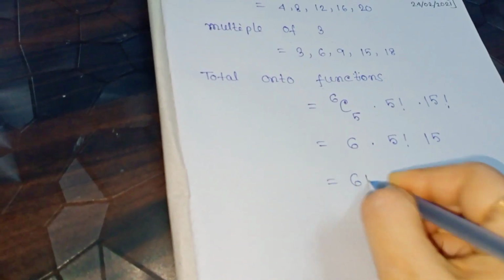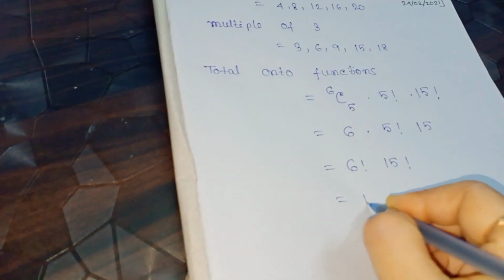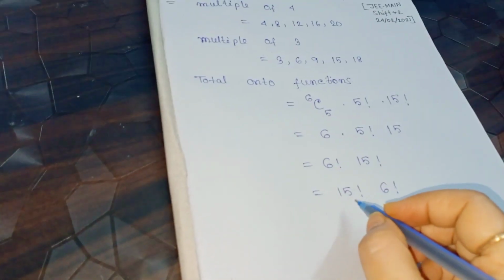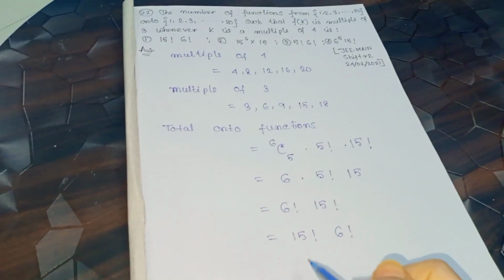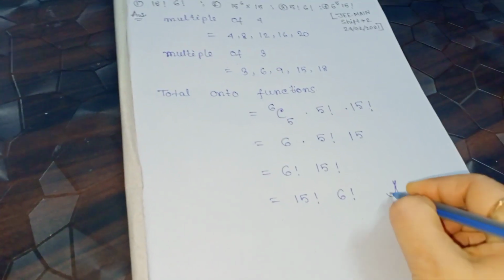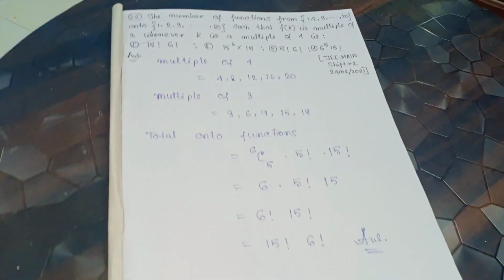It is factorial 6 and factorial 15. The answer is in the form of factorials, so I think we reached factorial 15 and factorial 6. It is our required answer, and option 1 is our correct choice. So here is the whole solution of question 22.